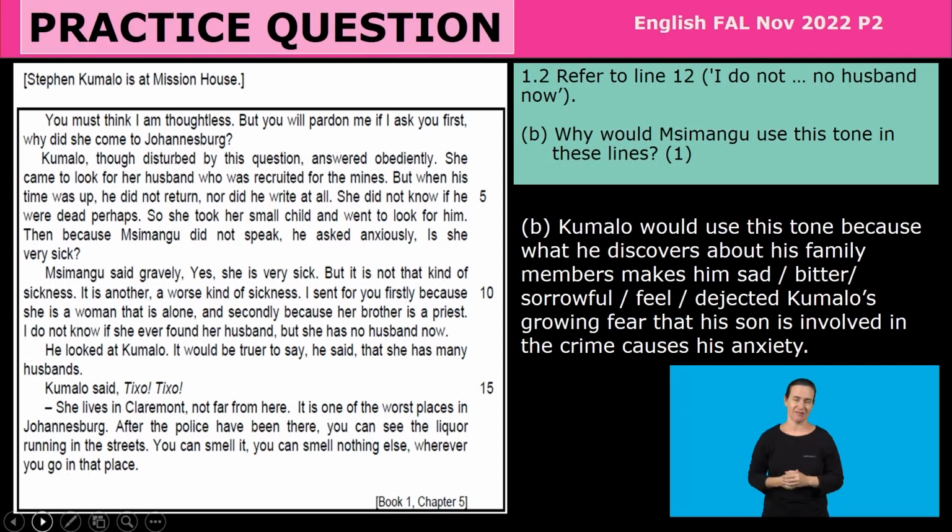So it is on two levels, because Gertrude has disappeared and now has a husband, another husband, or many husbands as indicated in the text, and also Absalom has now resorted to crime, okay? So that would contribute to him feeling dejected, down, low, sorrowful, okay? Look at the tone words being emphasized there.